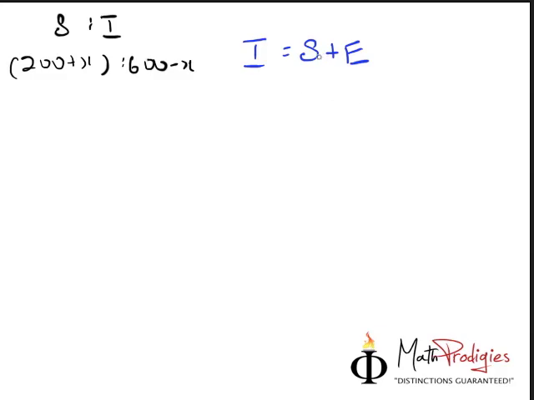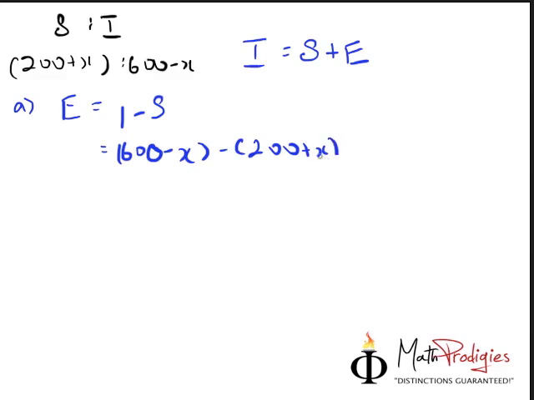So from here it's very simple. In order to find E for part A, you simply write down your expenditure equals your income minus your savings. So in this case, 600 minus x, the whole thing minus 200 plus x. So what do you get? You get 600 minus x minus 200, very careful with your signs, minus x. 600 minus 200 gives you 400, minus x gives you minus 2x.